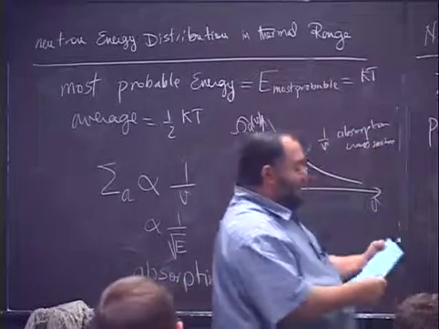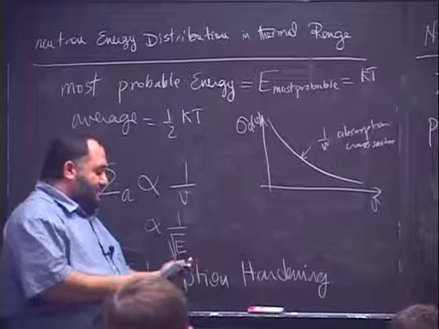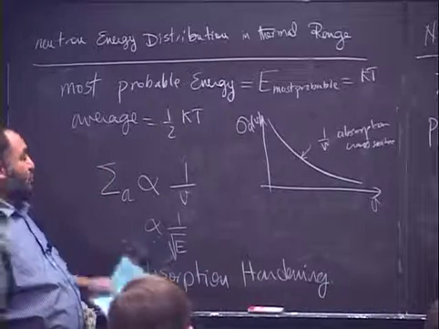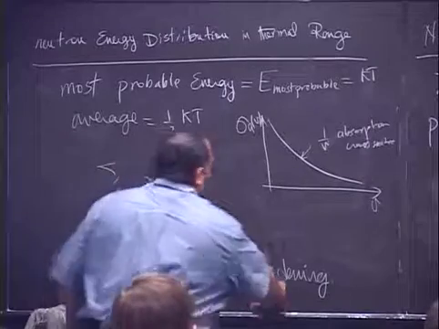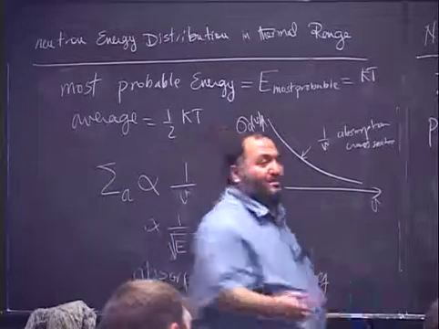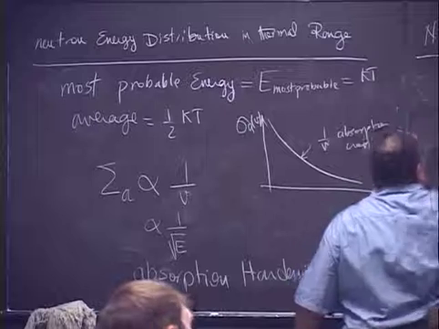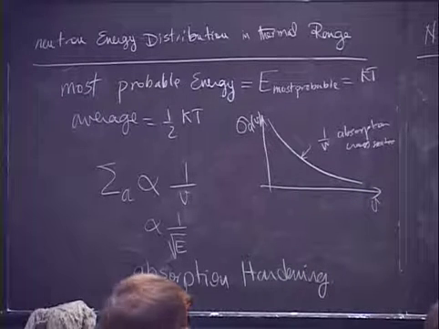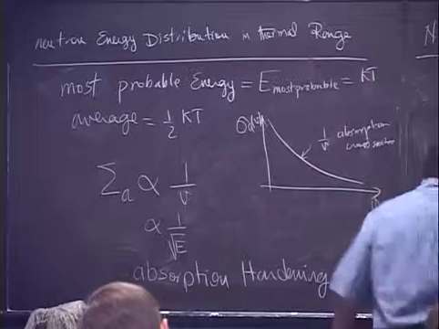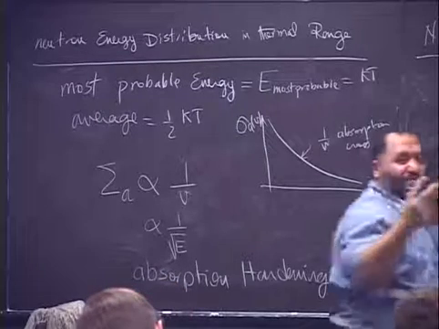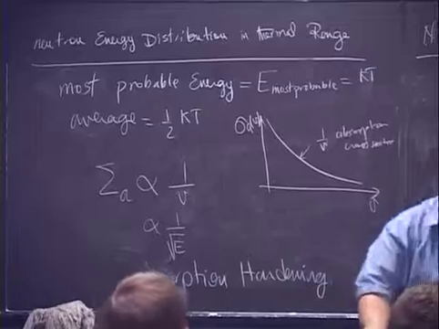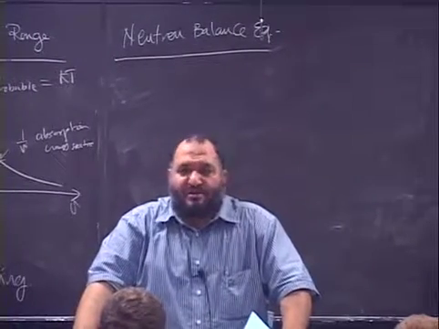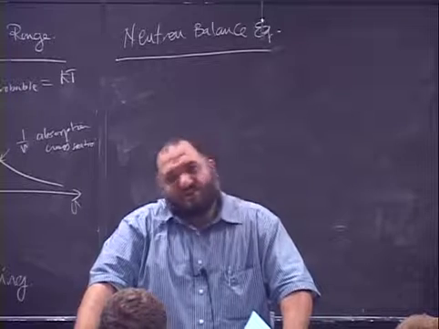So the shift to higher energies can be represented approximately by a Maxwellian with an effective neutron temperature. In this case, it's no longer the Maxwellian distribution, but I have to. If I ask you, the Maxwellian distribution is a function of one variable and one parameter. The parameter is temperature. The variable is energy.